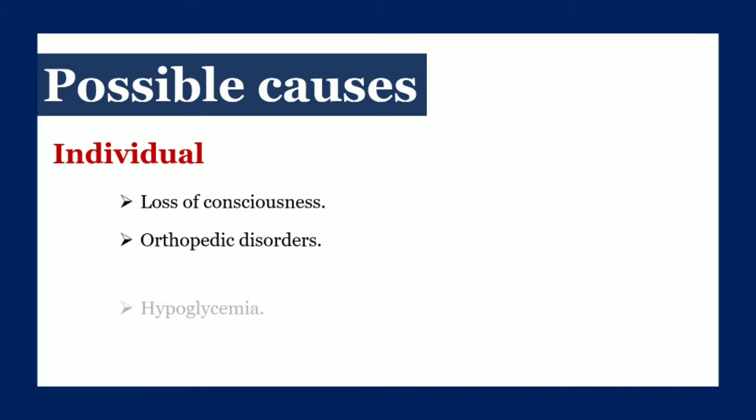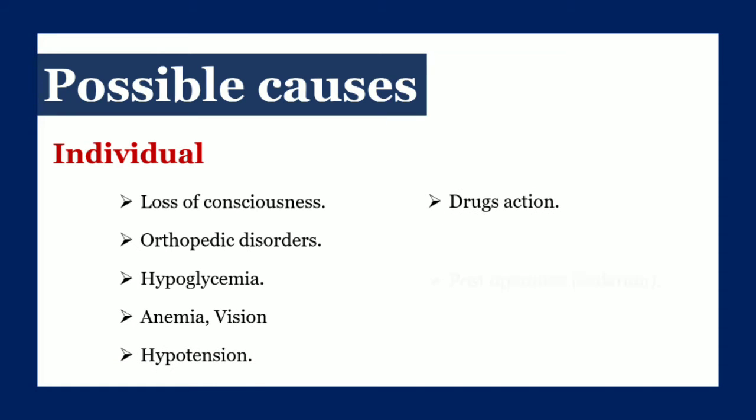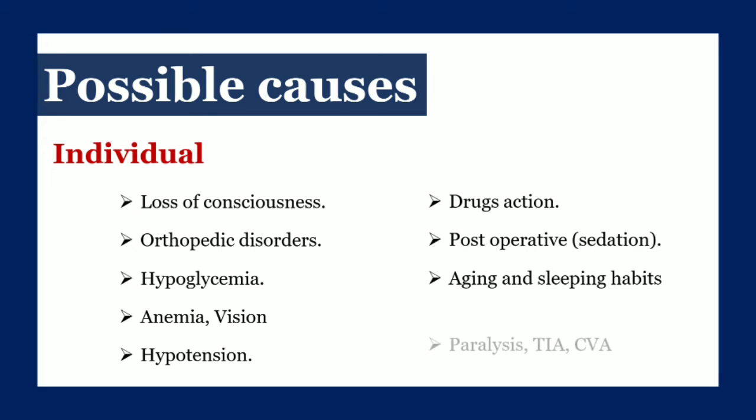The possible causes of fall for an individual are loss of consciousness, orthopedic disorders, hypoglycemia, anemia and vision problems, hypotension, drug action, postoperative sedation, aging and sleeping habit, paralysis, TIA, that is transient ischemic attack, and CVA, cerebrovascular accident.